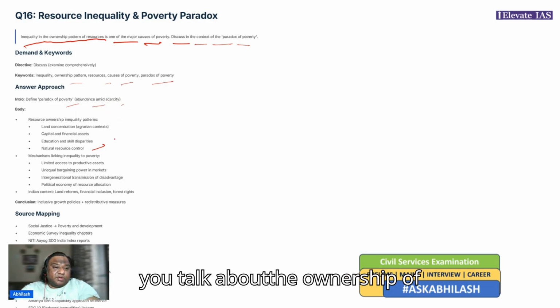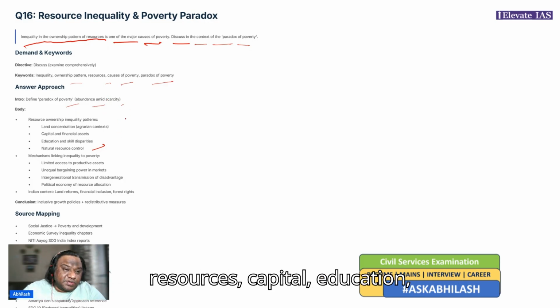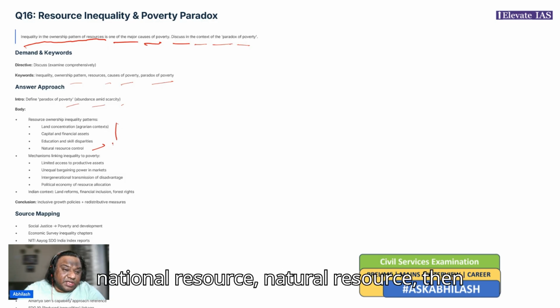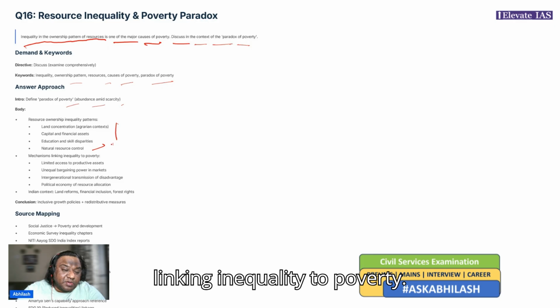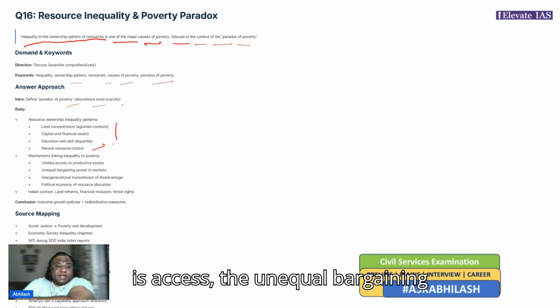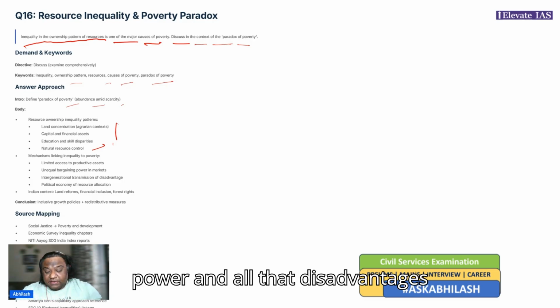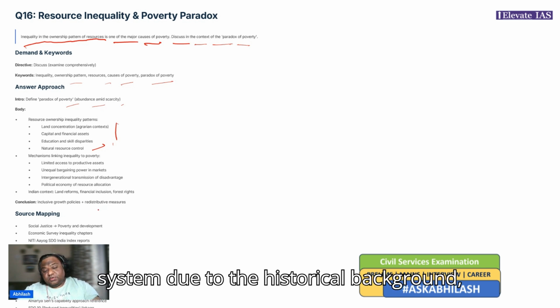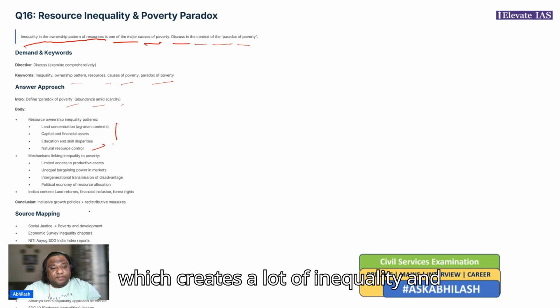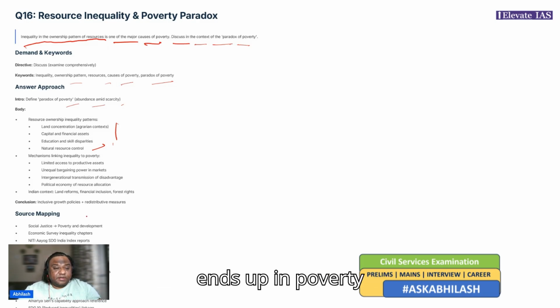Then you talk about the ownership of resources, capital, education, national resources, natural resources, then link inequality to poverty. The way it comes into the picture is access, unequal bargaining power, and disadvantaged systems due to the historical background, which creates a lot of inequality and ends up in poverty. That you have to do.